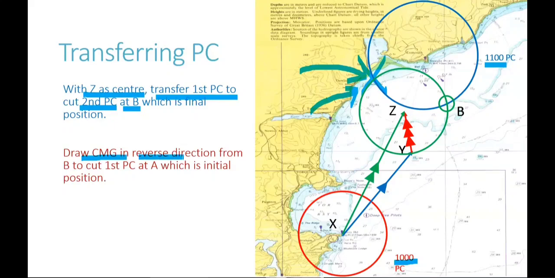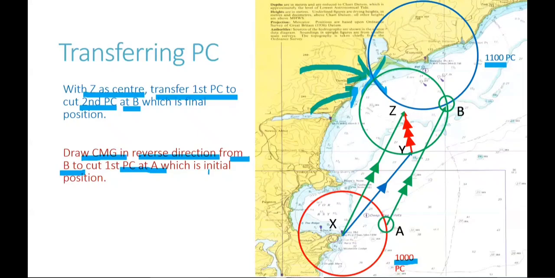Draw the CMG in the reverse direction from B to cut the first position circle at A. So we have drawn the CMG in the reverse direction. Mark it with double arrows again. And wherever it takes us on the red circle is our initial position A.